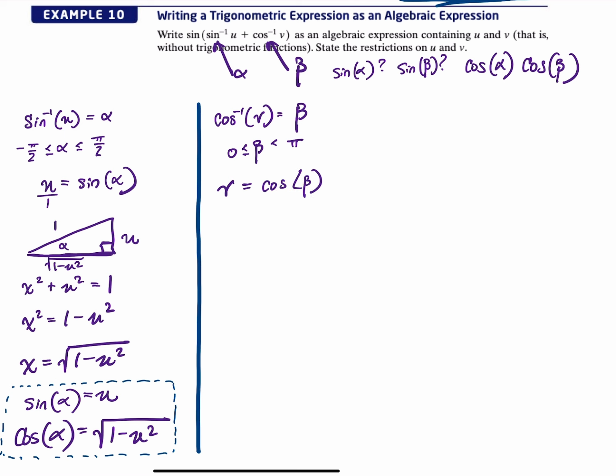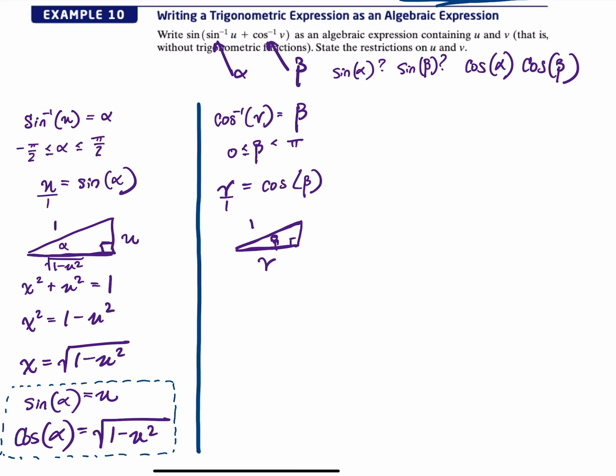So we can build another triangle. Let's call that beta. And we can view this as v over 1. So cosine is adjacent over hypotenuse, so this will be a side length v.